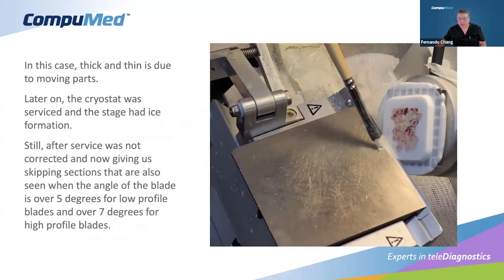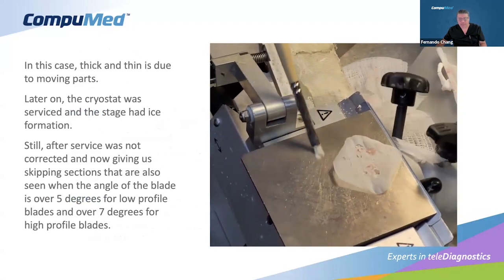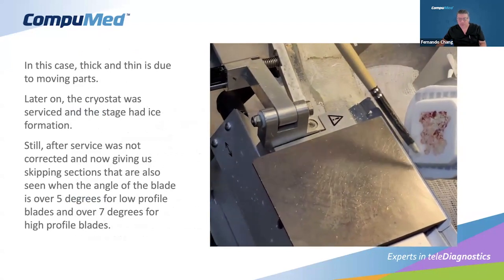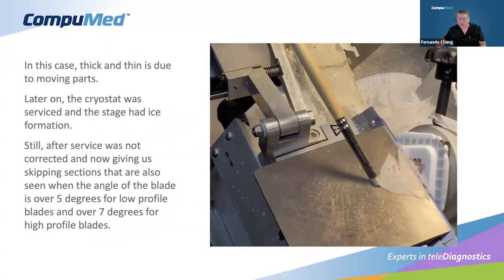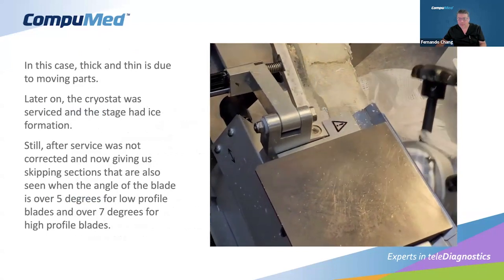And then the center is... so we called service again. Two different thicknesses anyway. The bottom was thicker, and so we needed to find out what's going on with it.